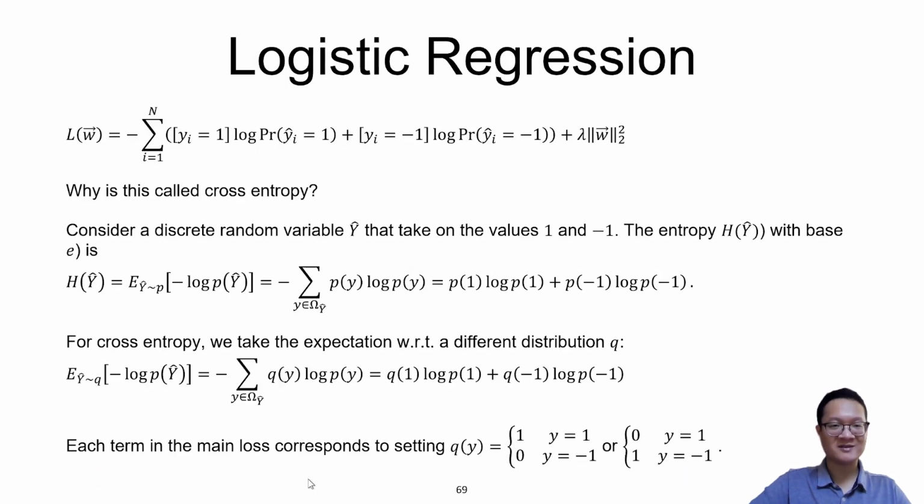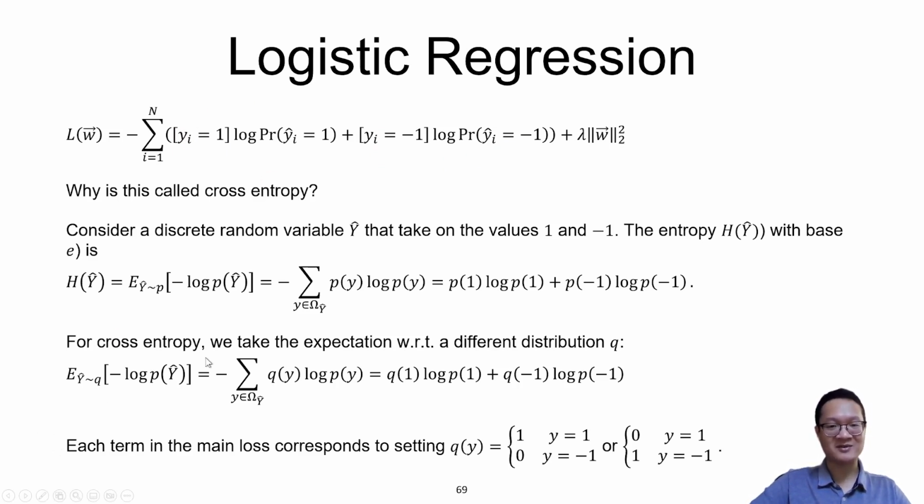In the case of 2 classes, we sum over the data points, and in each term of the sum, so for each data point, we have 2 terms we add together. But really, this is always going to be one term, right? Only one of the terms will be non-zero for any of the data points.